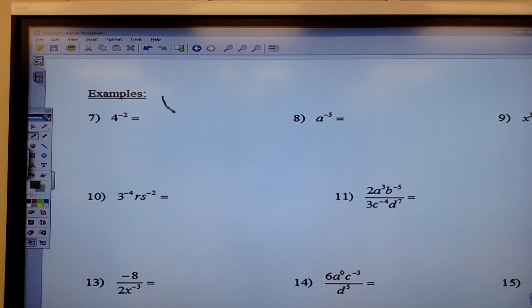You're going to put a 1 at the top. You're going to move the 4 to the bottom, and you're going to make the negative 2 exponent a positive 2. So now you have 1 over 4 squared. Let's go ahead and evaluate 4 squared, which is what? So now we'll have 1 over 16.